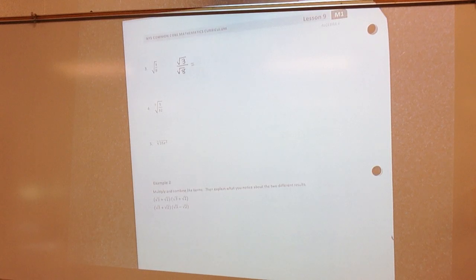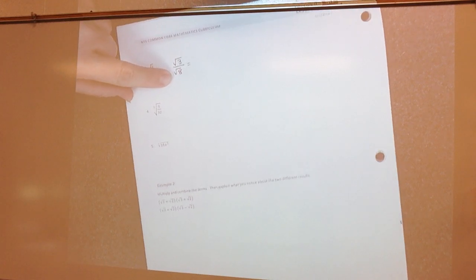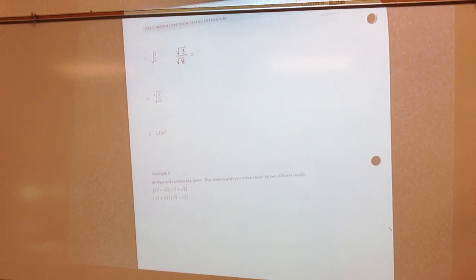Remember I told you a little bit ago, the definition of simplest radical form: the radicand has no factor that can be raised to a power greater than or equal to the index, and there is no radical in the denominator. So I've got to figure out how to get rid of this radical in the denominator. Let's think about this for a second.